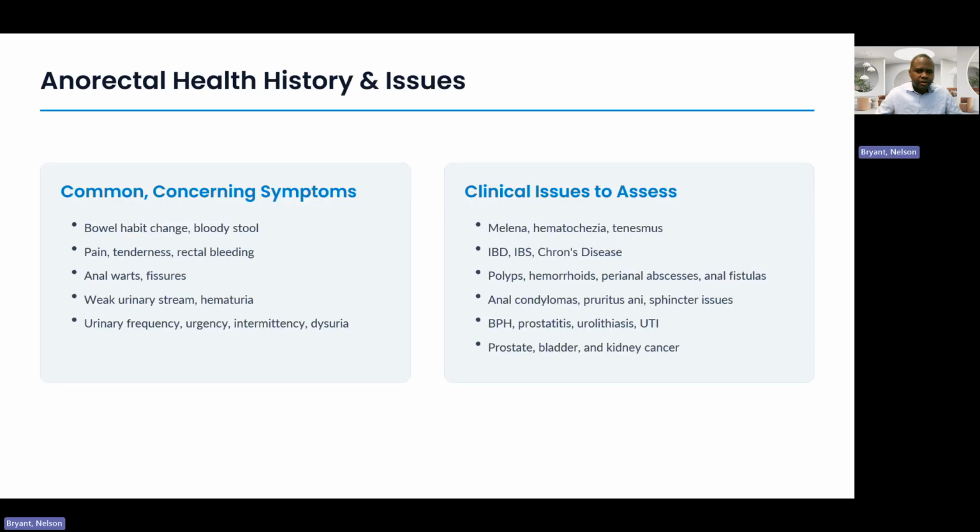For example, collecting history about rectal and prostate symptoms helps evaluate any changes in bowel habits or presence of any bloody stool, and this helps to differentiate between different conditions. For example, IBS and Crohn's disease may be differentiated by whether they have bloody diarrhea or constipation.